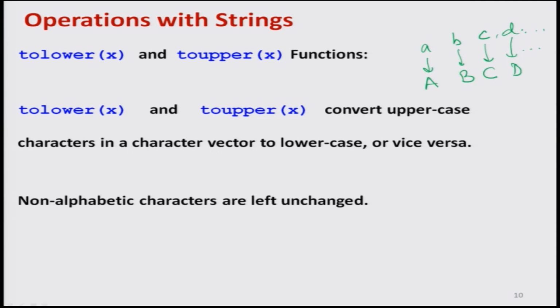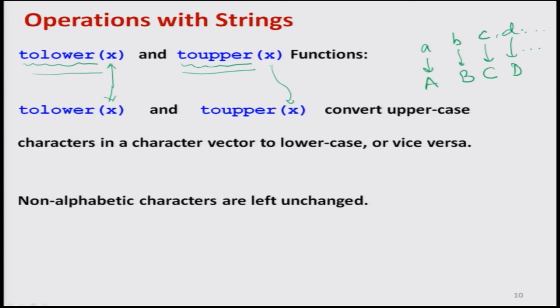This type of outcome can be controlled by two functions, tolower and toupper. So, the meaning of these functions itself clarifies what we want. With tolower I want to change into lowercase, and with toupper I want to change into uppercase, whatever my string is, say here x.